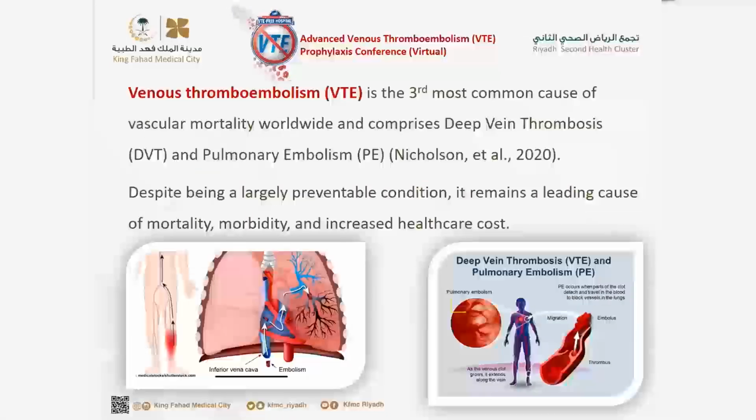When we look at the knowledge and skill set, nurses need to remember that VTE, as mentioned previously, is the third most common vascular mortality worldwide and comprises deep vein thrombosis and pulmonary embolism. Despite being a largely preventable condition, it remains a leading cause of mortality and morbidity and increased healthcare costs.